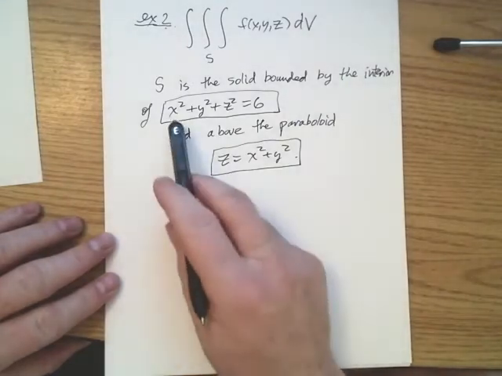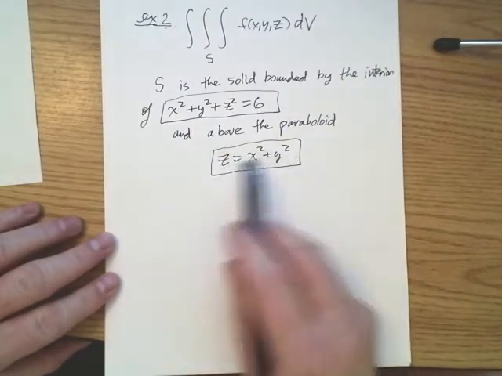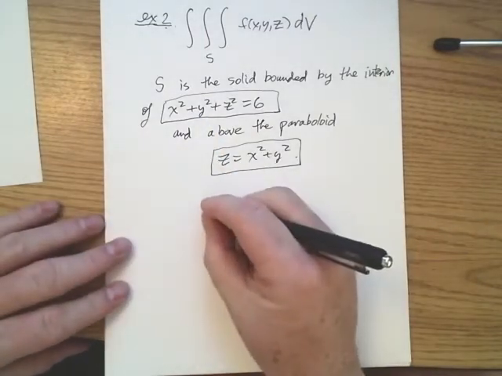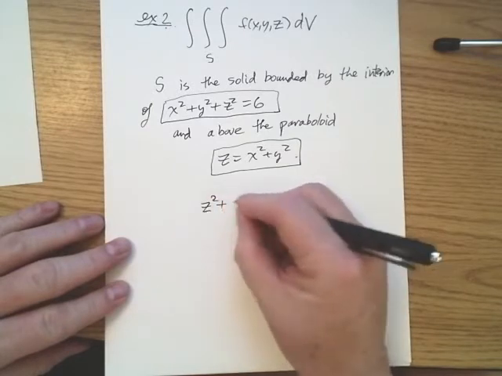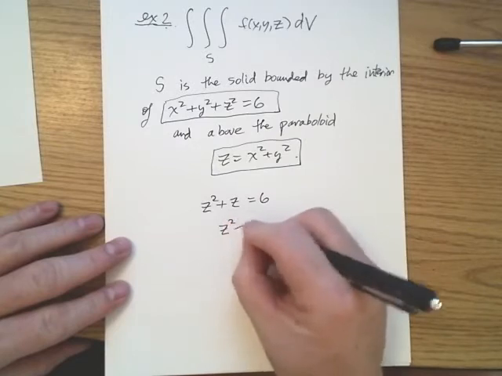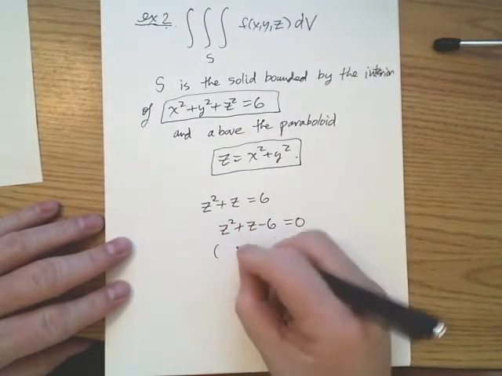Well, if I've got x squared plus y squared plus z squared equals 6, but x squared plus y squared is z, then couldn't I just reduce this problem to a single variable problem and get z squared plus z equals 6? In other words, z squared plus z minus 6 is 0. Let's go ahead and solve this by factoring.